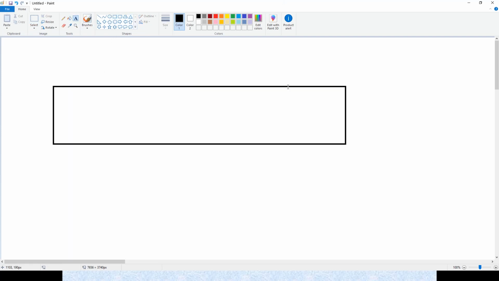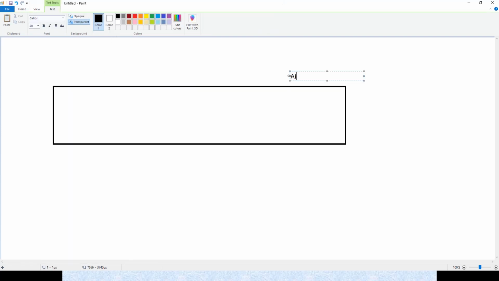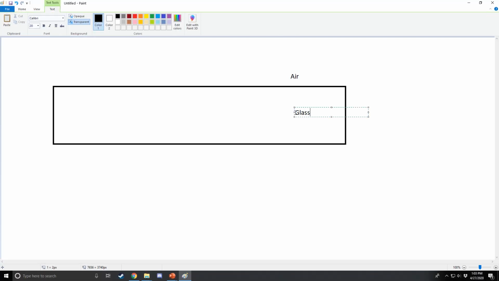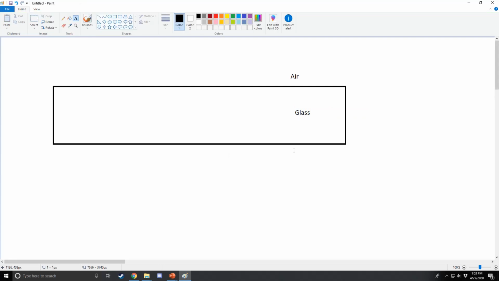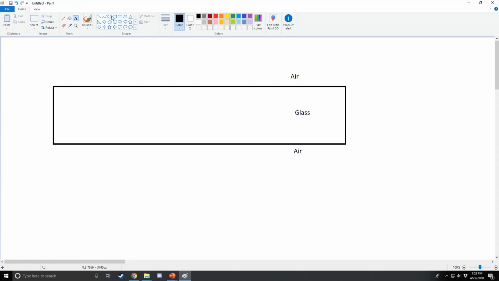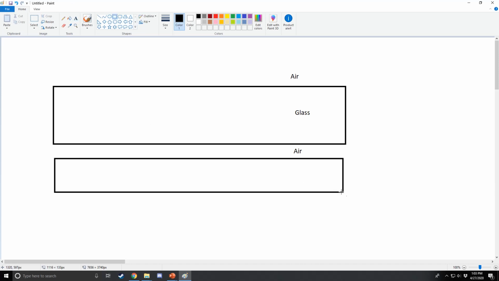I'm going to have air over here, glass here, air over here, and then essentially another piece of glass, which really doesn't matter. But what I'm going to end up having is one hard reflection over here as it's entering into the glass, and then one soft reflection over here.